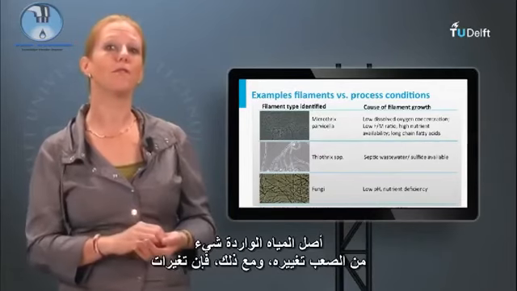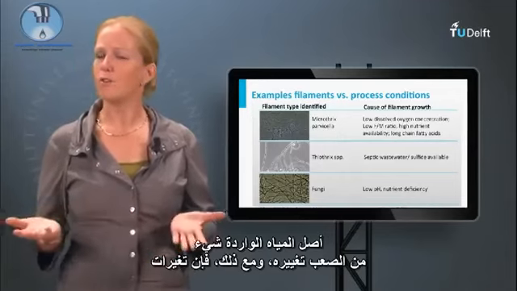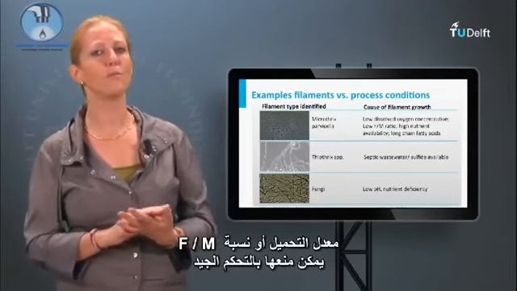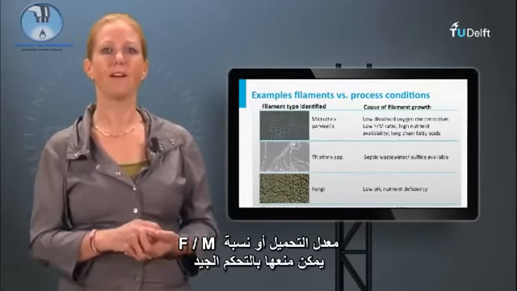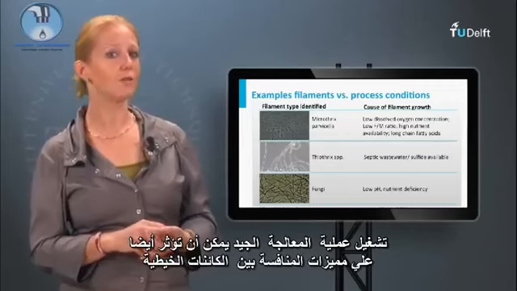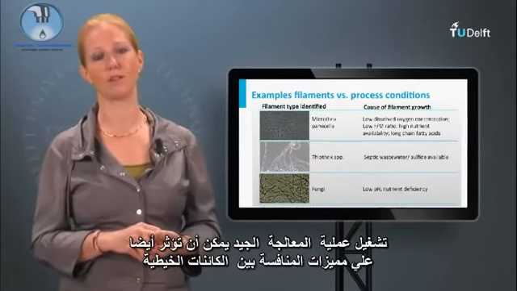The origin of the influent is something that is difficult to change. However, fluctuations in loading rate or food to mass ratio can be prevented with good control. Good process operation can also influence the competition advantage of filamentous organisms.